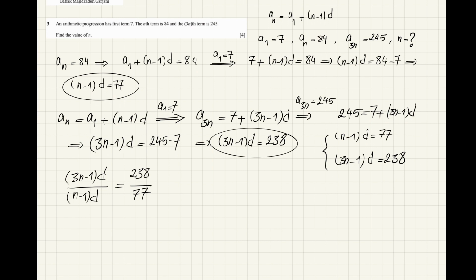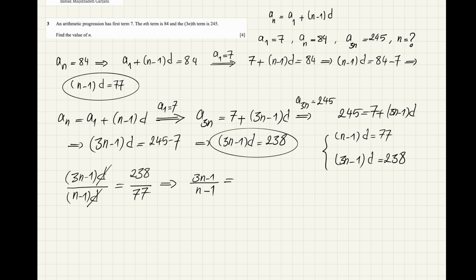Okay, so the d and that d are simplified, so then I will have 3n minus 1 divided by n minus 1. And on the right hand side, can I simplify this expression? 238, is this divisible by 7?